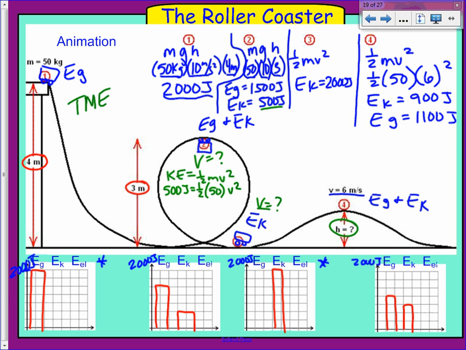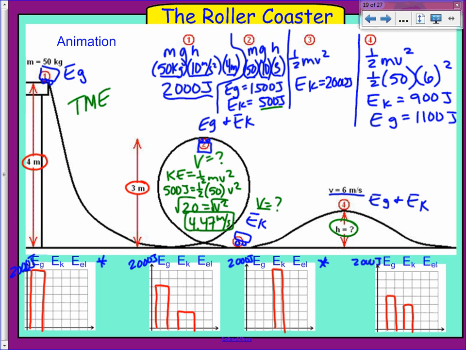If I isolate v squared by taking 500 divided by 0.5 and then divided by 50, I end up getting 20 equals v squared. Don't forget to square root both sides, and I end up getting for my velocity approximately 4.47 meters per second. This is the velocity at spot 2, or when the cart is at the top of the loop.